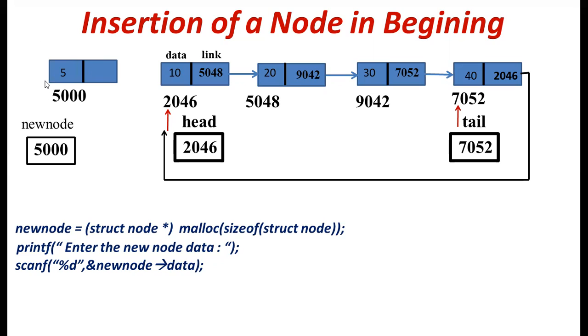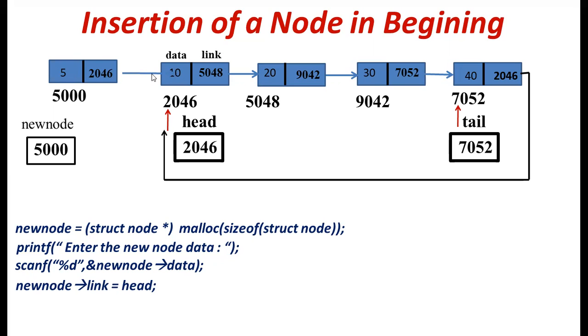Next, the value of new node to next should be this address, that is the 2046 address. What is 2046? It is head. So new node to link will be equal to head. So the 2046 value will get placed, and thus the connection will be made like this.